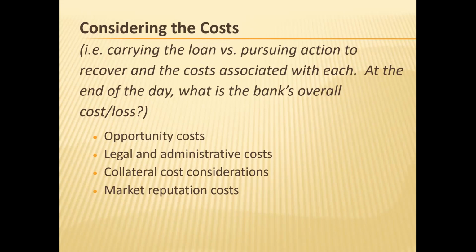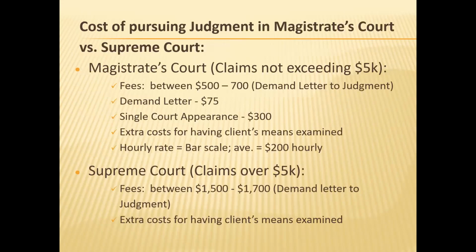So on the next slide, as I indicated, we look at the difference between the Magistrates Court and Supreme Court. These costs may have increased since then, but there's still that vast difference between them, notwithstanding that they have increased. So for the Magistrates Court, claims not exceeding $5,000, the legal fees say between $500 to $700.